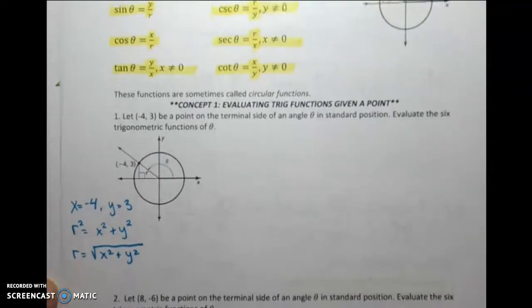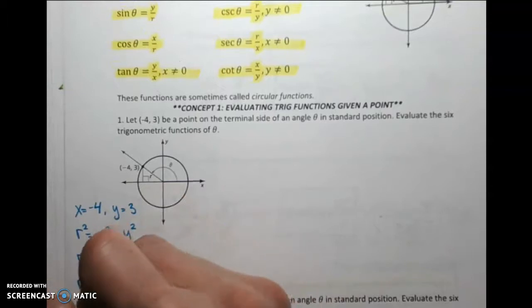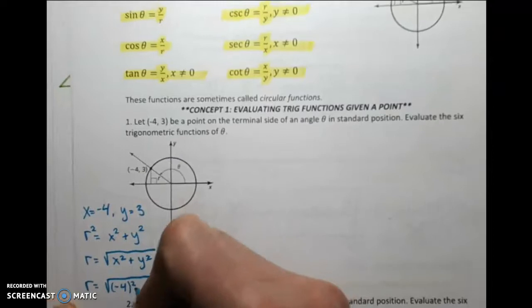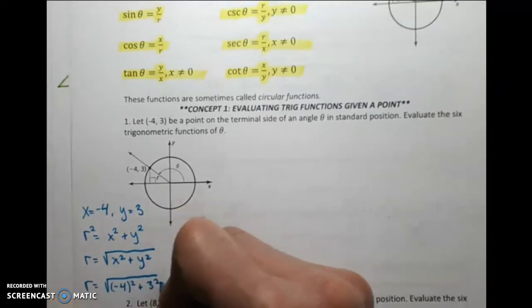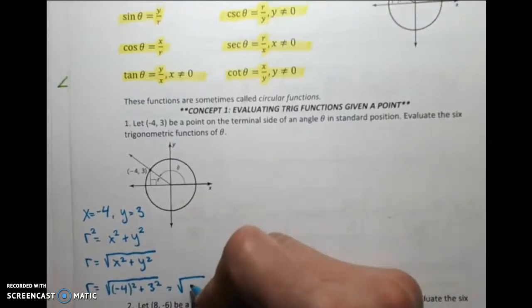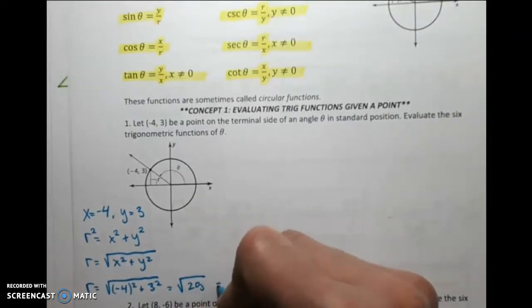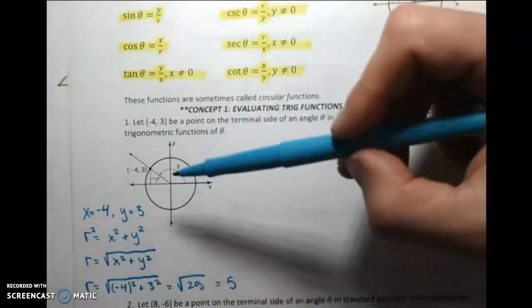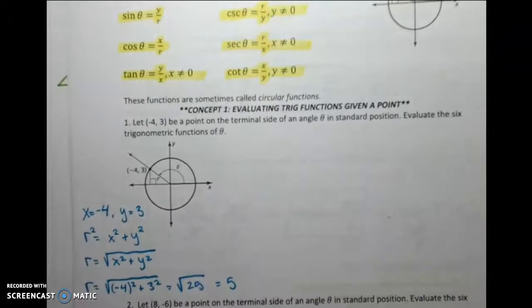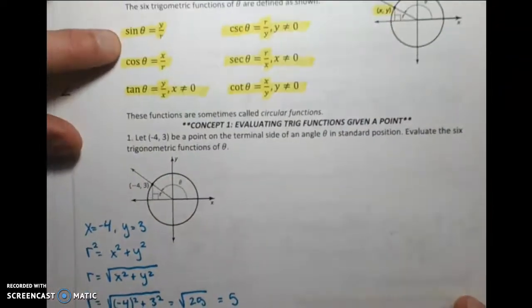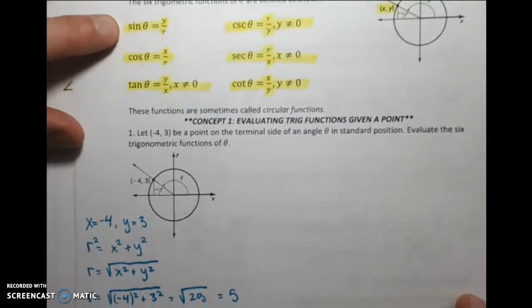Then if I plug in x and y, r equals the square root of negative 4 squared plus 3 squared. That's the square root of 16 plus 9, which is 25. What's the square root of 25? 5, and only positive 5 because length can only be positive. Now I have my x, y, and r.